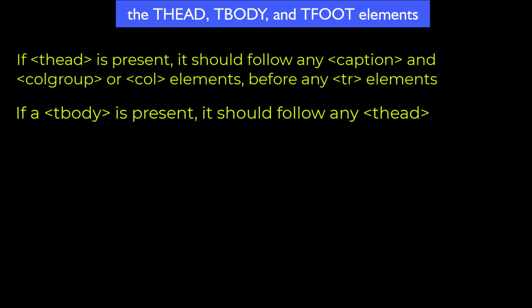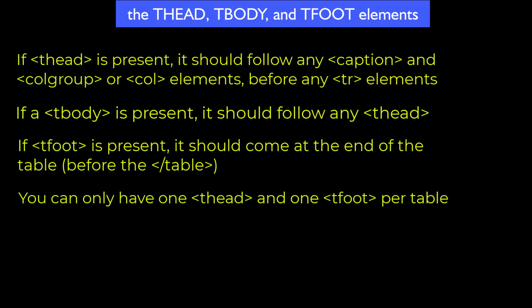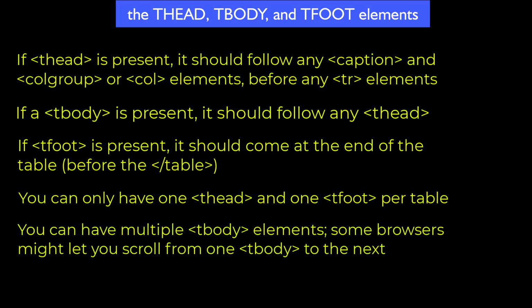If a tbody is present, it should follow any thead. And if a tfoot is present, it should come at the end of the table, before the table end tag. You can only have one thead and one tfoot per table. You can have multiple tbody elements.